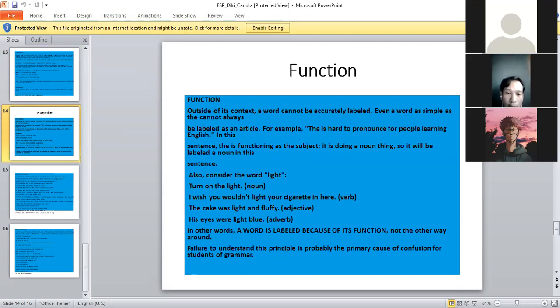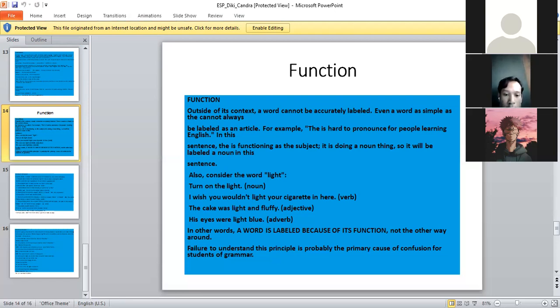Function. Outside of its context, a word cannot be accurately labeled. Even a word as simple as the cannot always be labeled as unproblematic. For example, the is hard to pronounce for people learning English. And also consider the word light. Turn on the light: noun. You would not light your cigarette in here: verb.